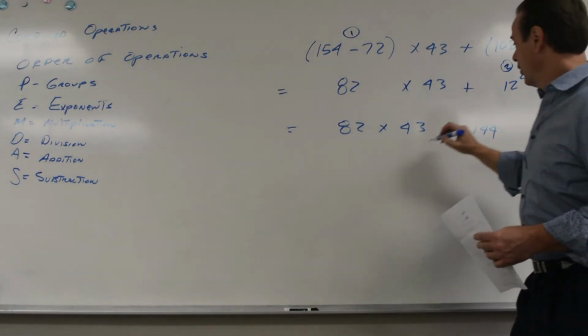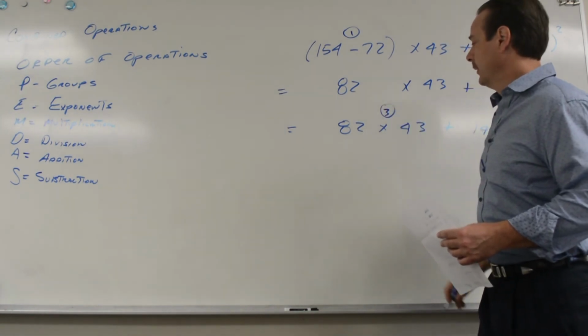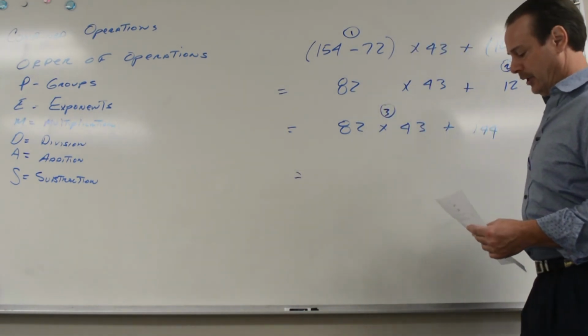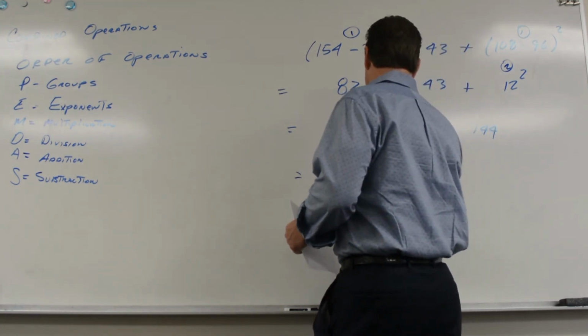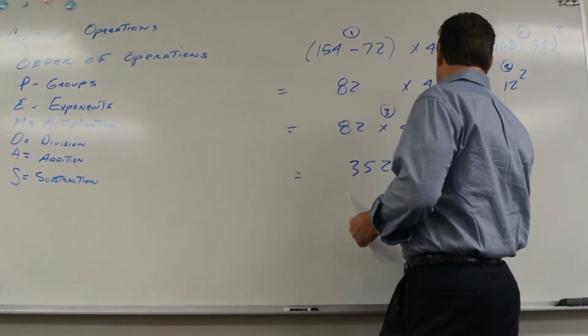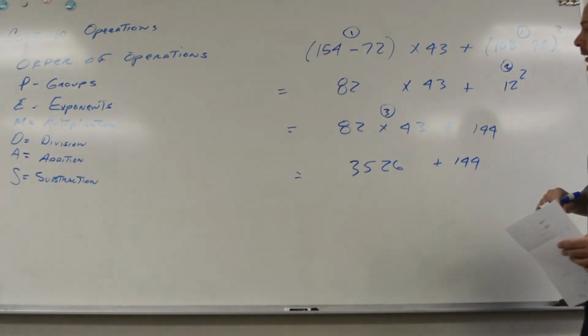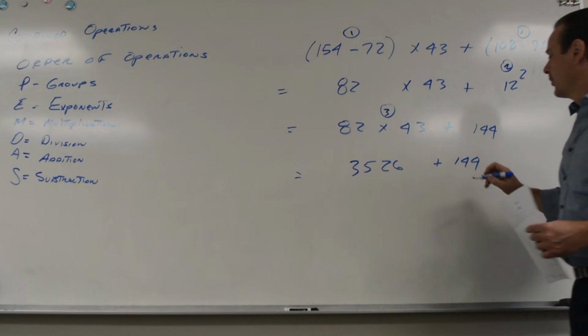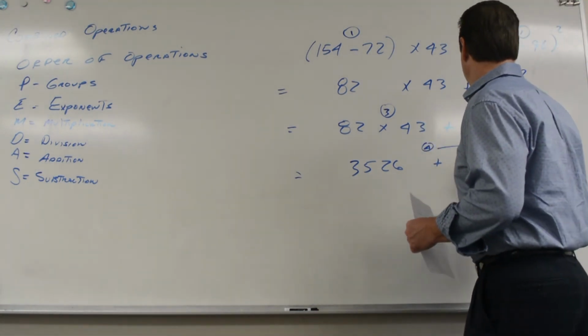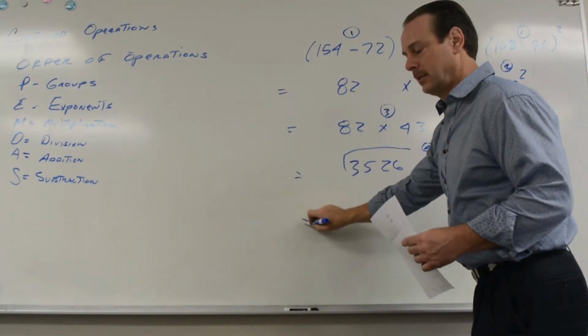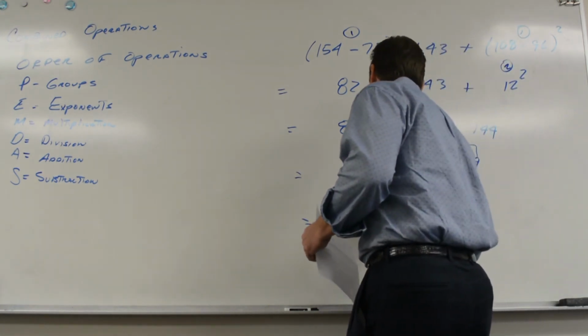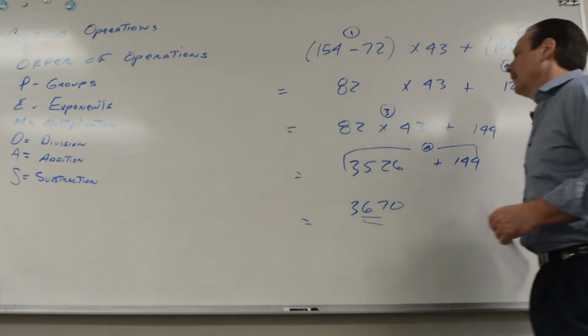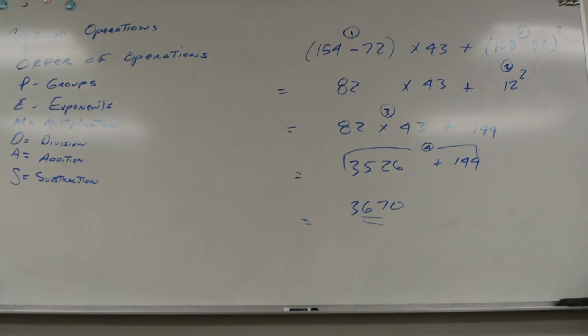Now let's do the multiplication. One multiplication problem right there. 82 times 43. We got 3,526. Okay, and the last step here, the 4th step, would be the addition. There's our final answer.